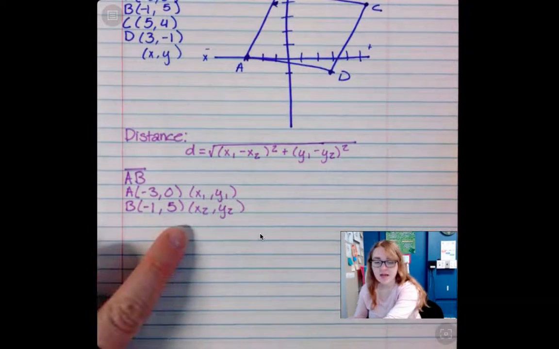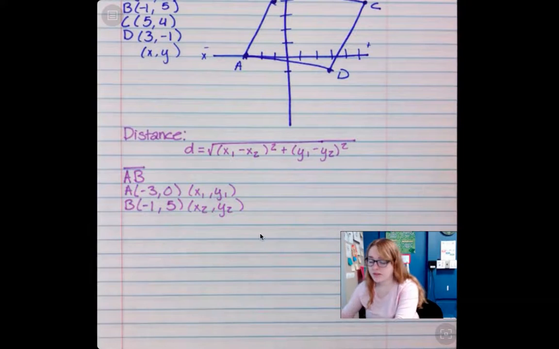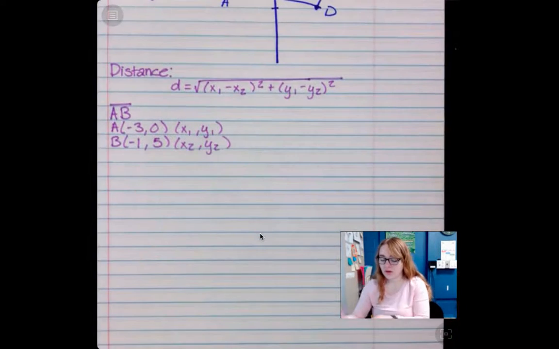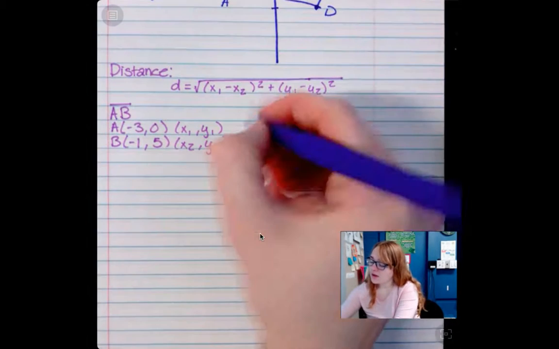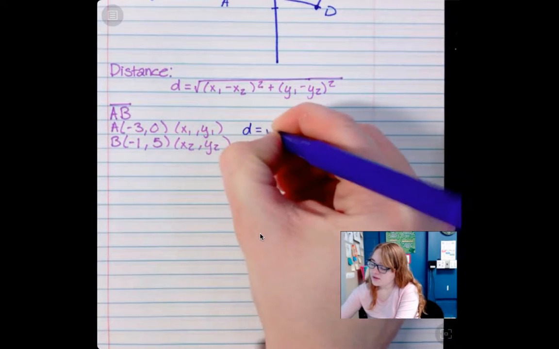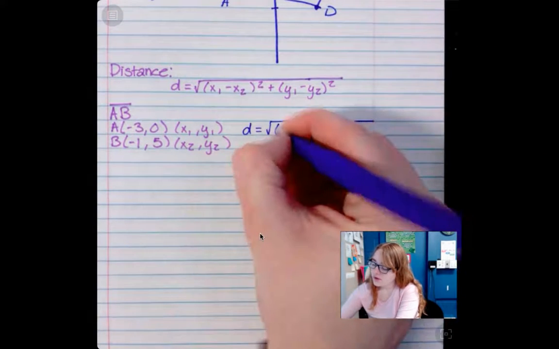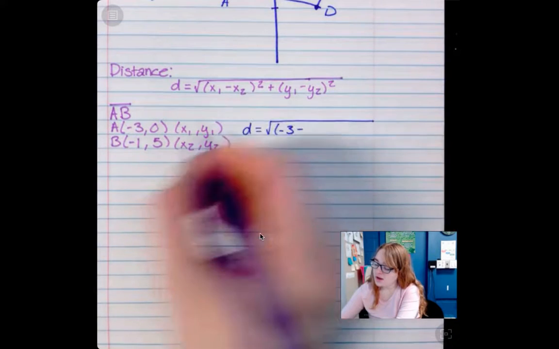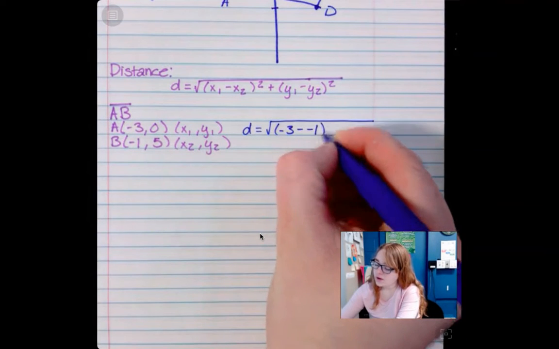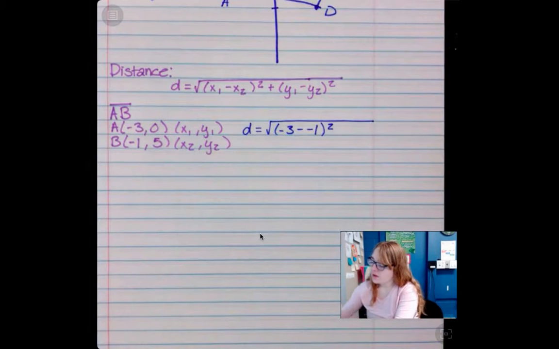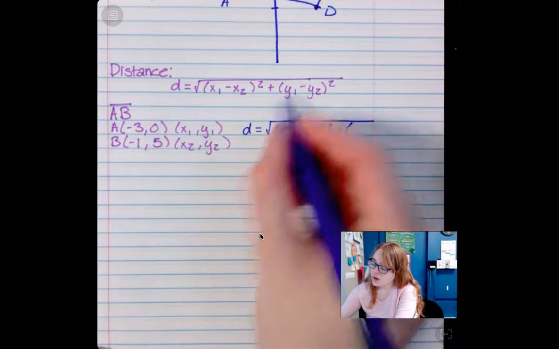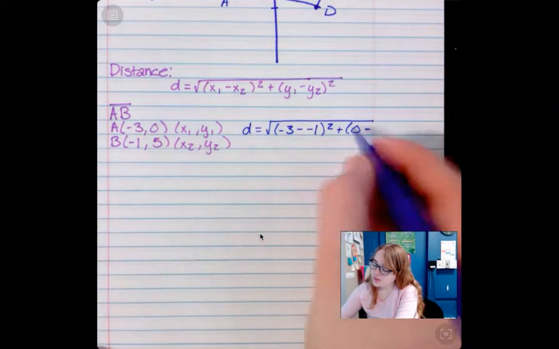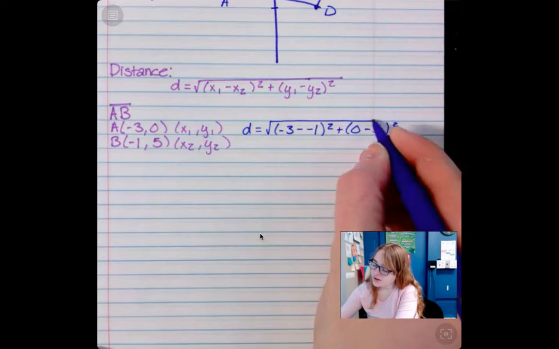So we're just going to take these numbers and plug them into our distance formula. So we have D for distance is equal to the square root of x1 is -3 minus our x2, which is -1 squared, plus our y1 is 0 minus our y2, which is 5 squared.